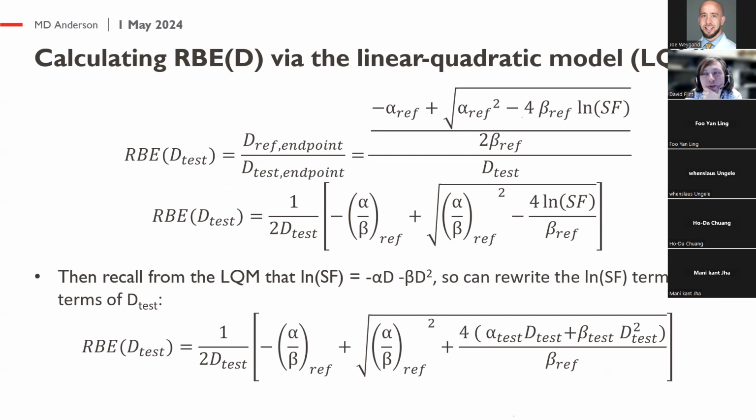So I mentioned this earlier: if you deliver a different dose, you get a different RBE. That's just a consequence of the fact that your RBE models come from cell survival curves, and cell survival varies as a function of dose, and it varies differently for ions than for X-rays. And so you're going to have this dose dependence in your RBE model that you need to account for.